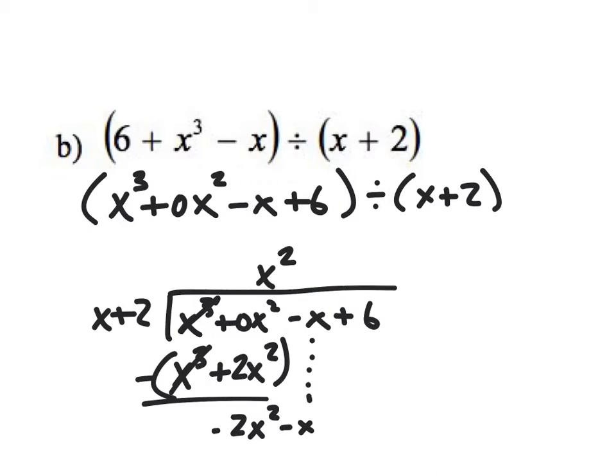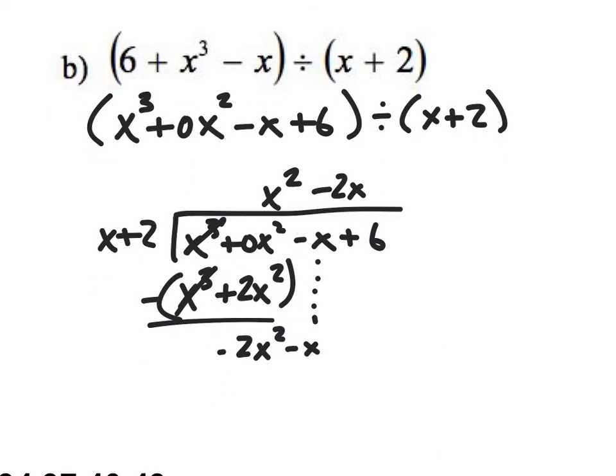So now I say, okay, x times what gives me negative 2x squared? It's going to give me negative 2x. Then I multiply negative 2x times x, and that gives me negative 2x squared, and negative 2x times 2 gives me negative 4x.